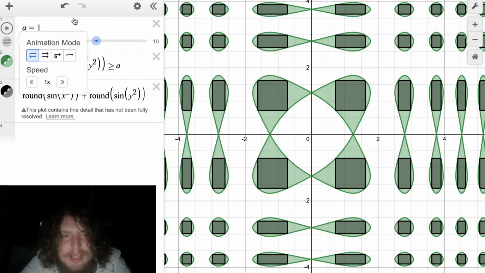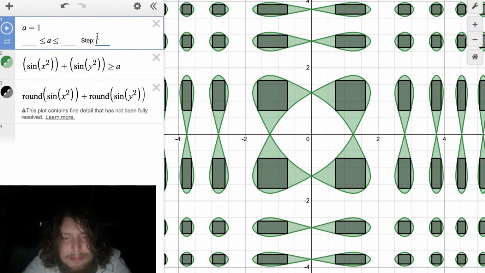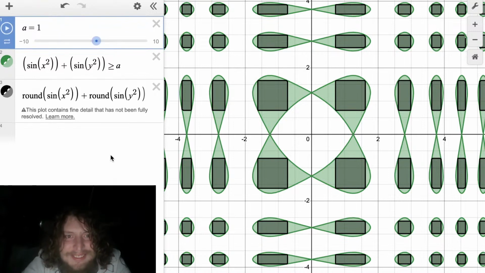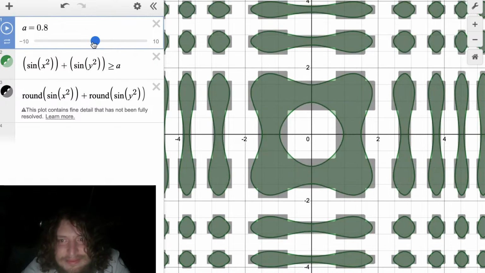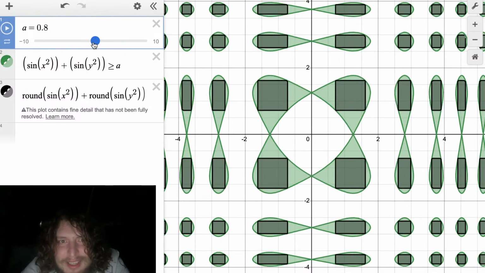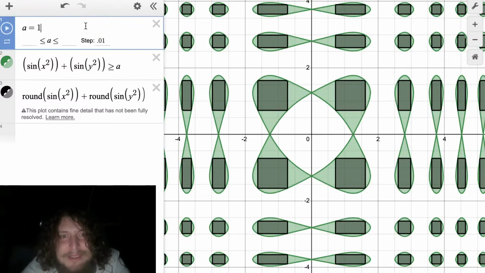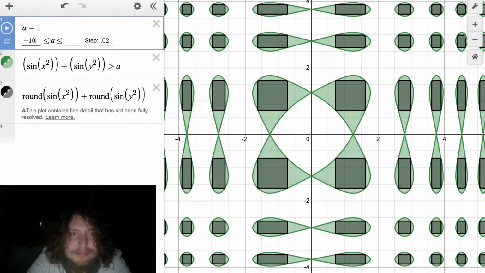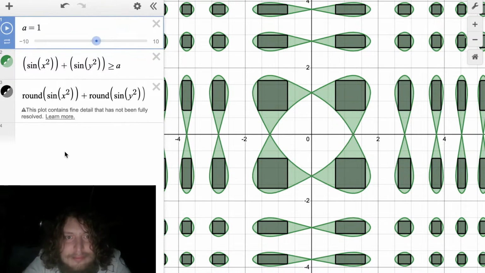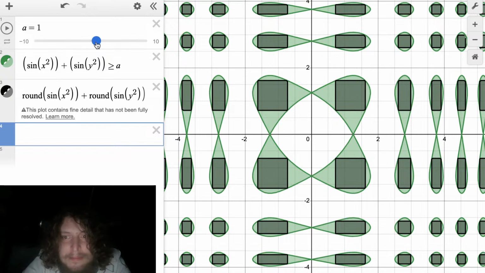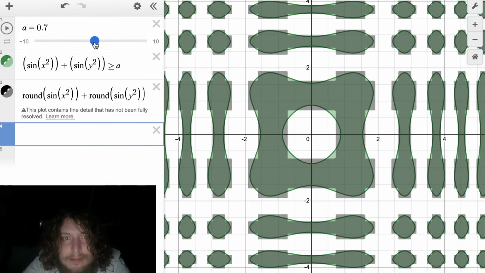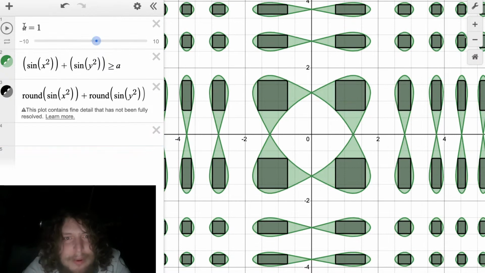Let's put a little more sensitivity onto this and make our steps a little smaller. Wait, that didn't work. That made my steps even worse. What's going on there? Wait, why 0.02? Did I hit that? Okay. This isn't going up by 0.01.